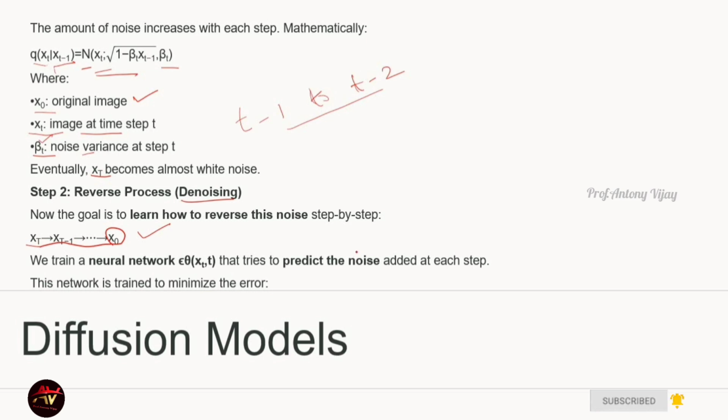In order to denoise the image, we need to know where the noise is and how the noise will be. That training process is taken care of by the neural network. Here epsilon theta of xt comma t keeps trying to predict the noise at each step. So this network is generally for minimizing the error.